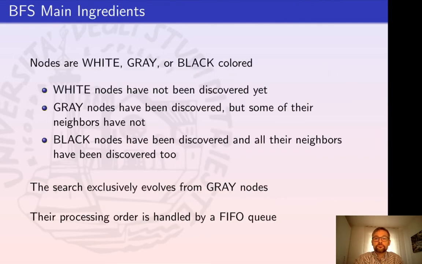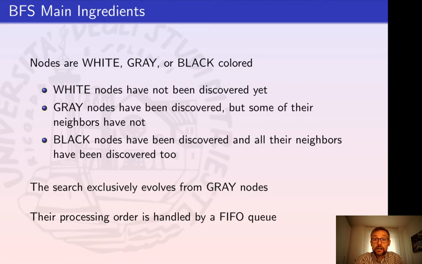Let's see. First of all, let me recap just for a second what we did with BFS, just to understand what's going on here. In BFS we had three kinds of nodes: white, gray, and black. White nodes are nodes that haven't been discovered yet by the procedure.